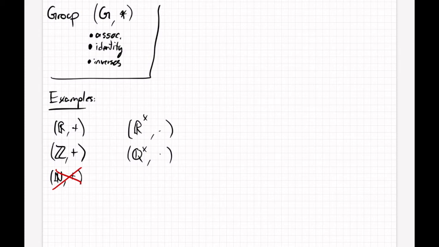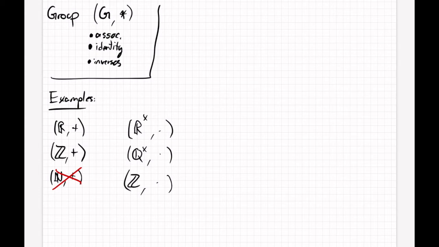A non-example for multiplication is the integers. They were a group under addition. They're not a group under multiplication. I can say Z cross if I want to.